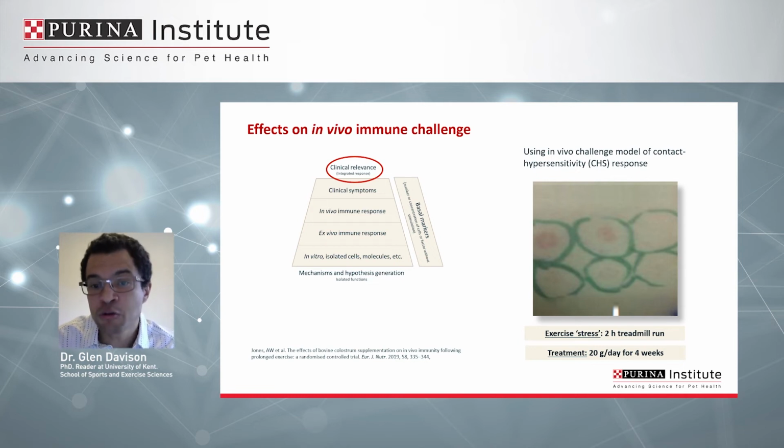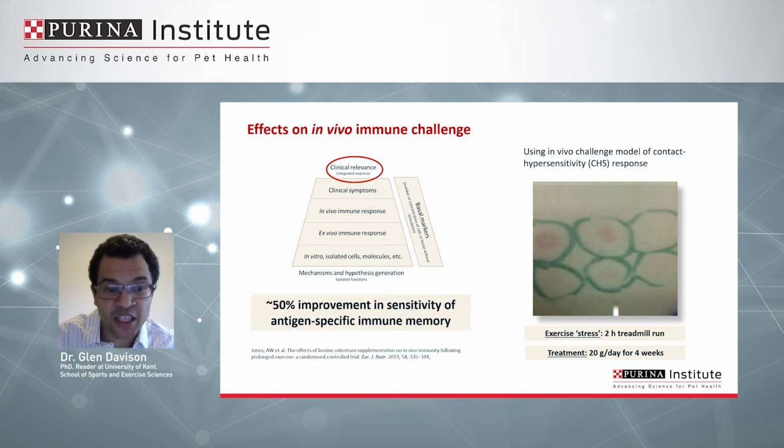So if we put 2 groups of individuals through this stressor, and if one group has the daily bovine colostrum and one group had a placebo, then we can see whether this supplement actually has a beneficial effect on this clinically relevant marker. And in this particular study, Jones et al. in 2019, it did just that.